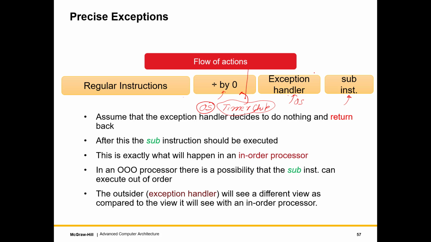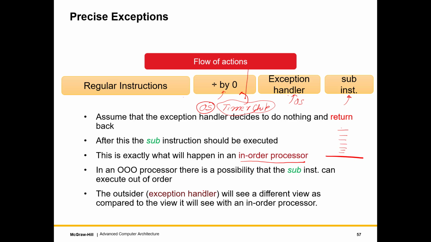So what we want is the stop and resume semantics. Stop and resume semantics is very easy in an in-order processor because we are following program order. We execute, stop at one point, no problem. We just store the register state and then go and execute some other program. With out of order, it's hard.